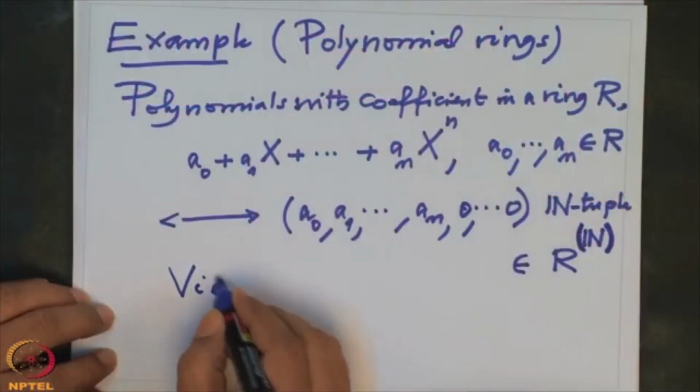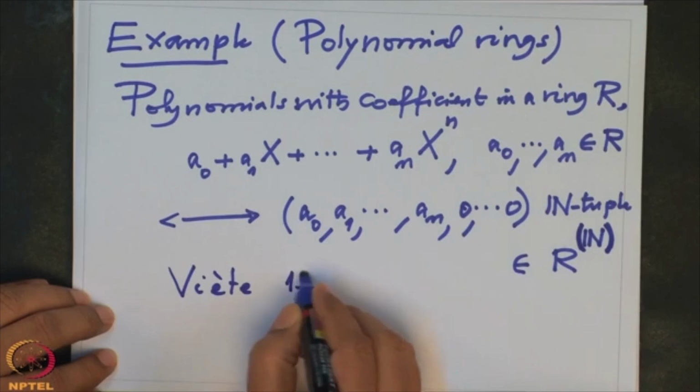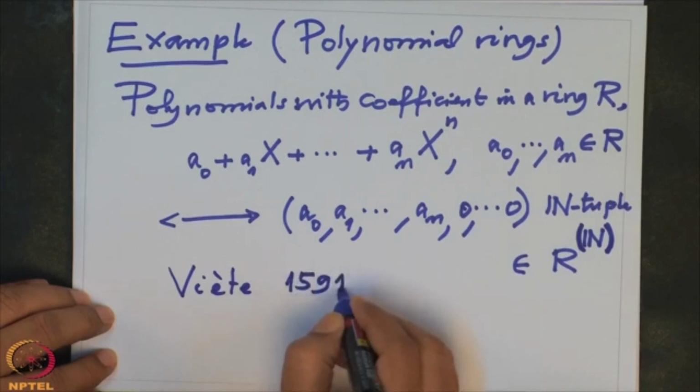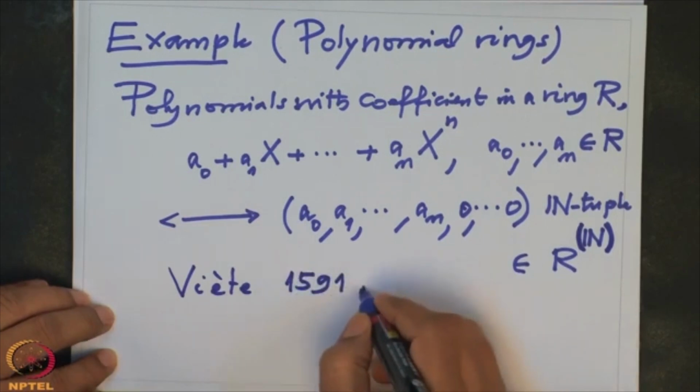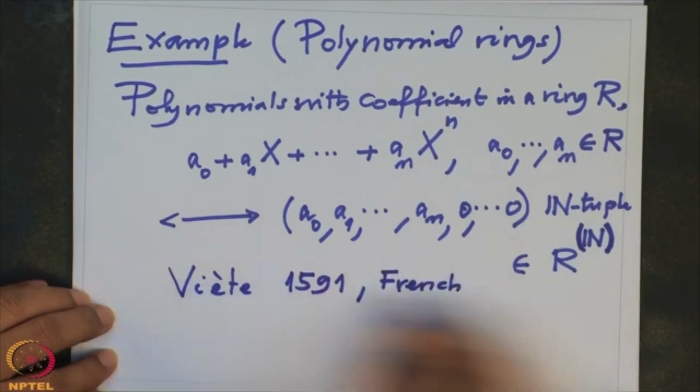People at that time were not very careful in notations and also meanings and so on. The person who did this first systematically was Viète, in 1591. He was a French mathematician. More about this I will say when I prove some result.